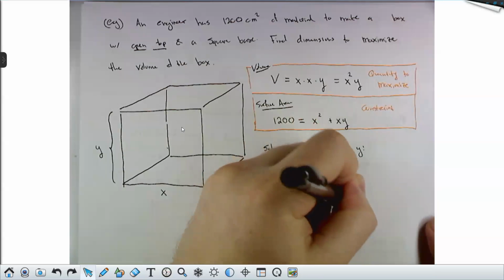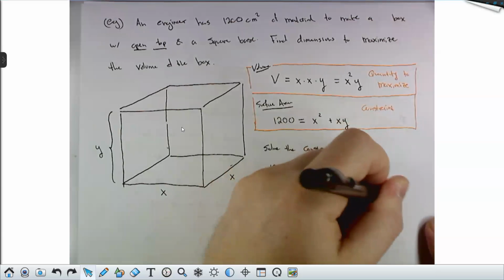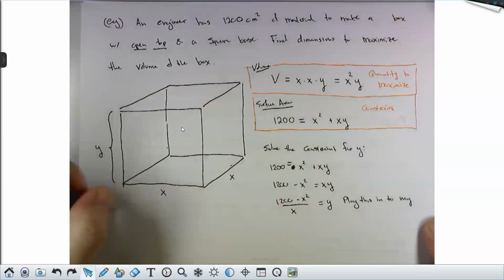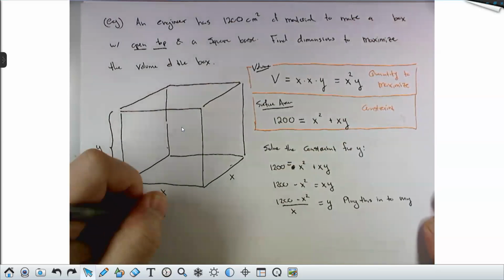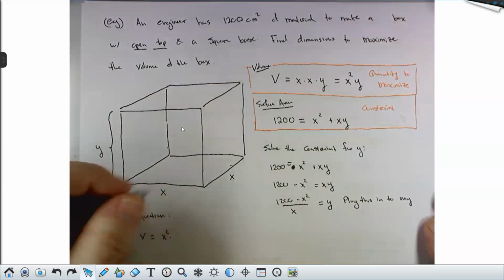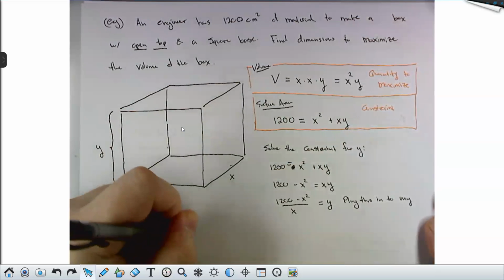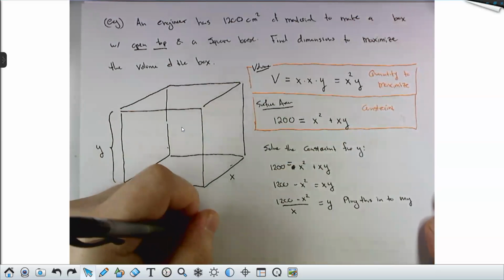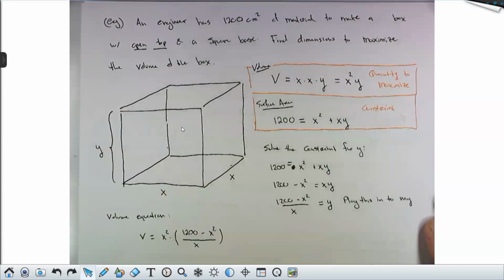And I'm going to plug this in to my volume equation. What is that going to look like? That's going to look like V equals, well, it's x squared times y. So if I plug in for y, 1200 minus x squared all over x, that looks like this.